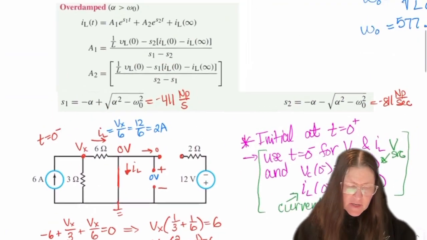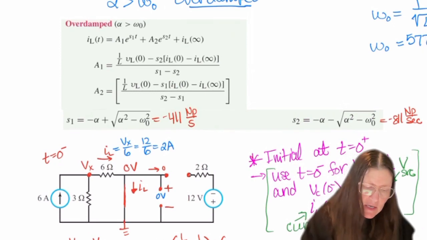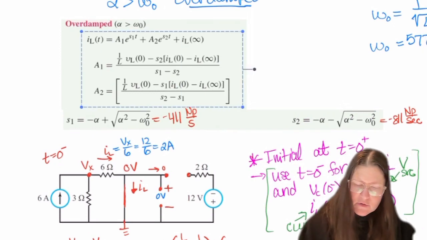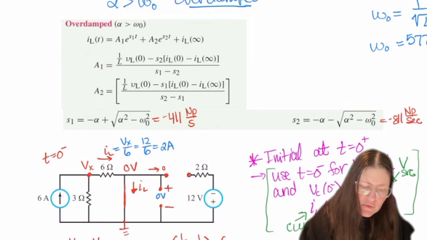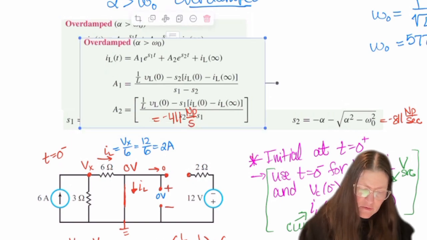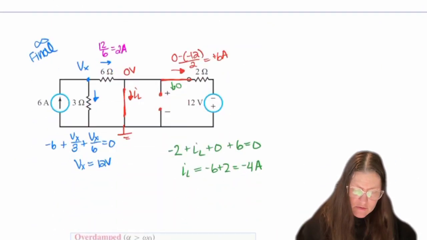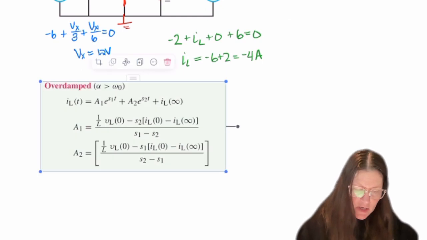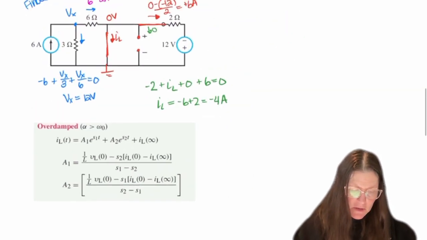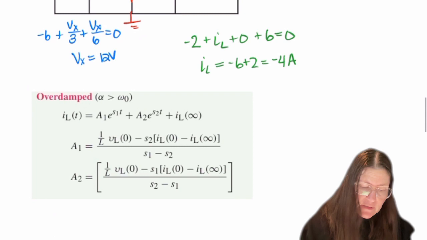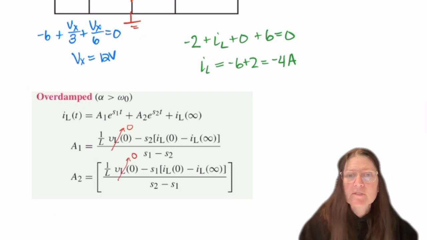From here, I need to find A1 and A2. A1 is going to be, well, we found VL is 0, so this term will be 0 and this term will be 0.